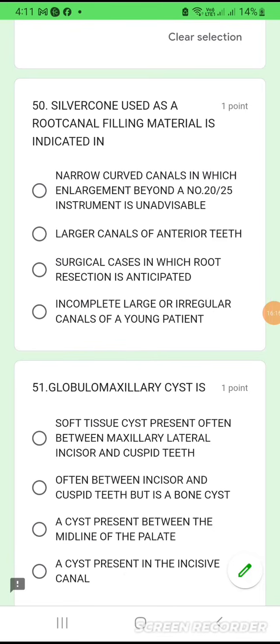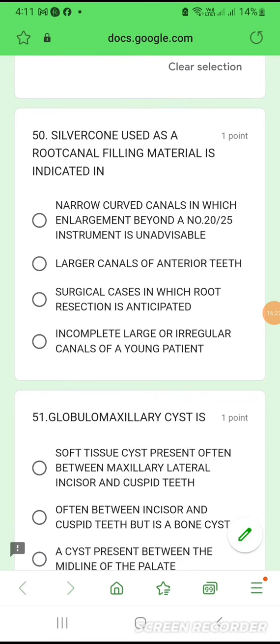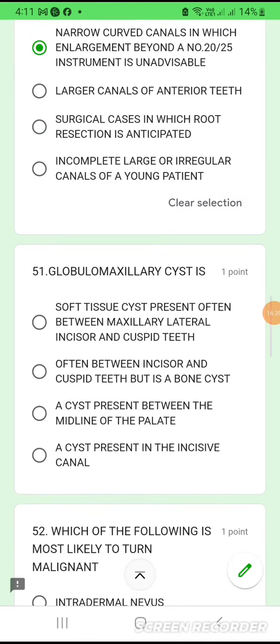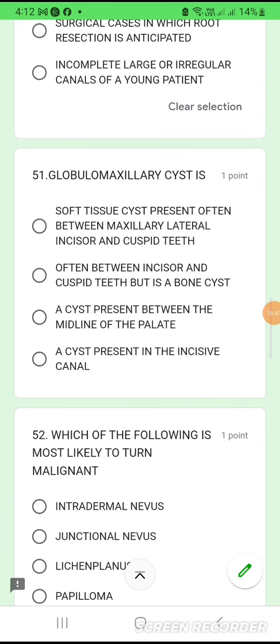Question number 50. Silver cone used as a root canal filling material is indicated in what type of canals? If you have narrow canals and curved canals, in such conditions you go for silver cone. So option A, narrow curved canals in which enlargement beyond a number 20-25 instrument is inadvisable, is the option. Question 51.